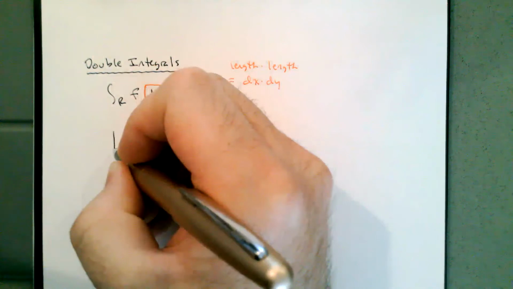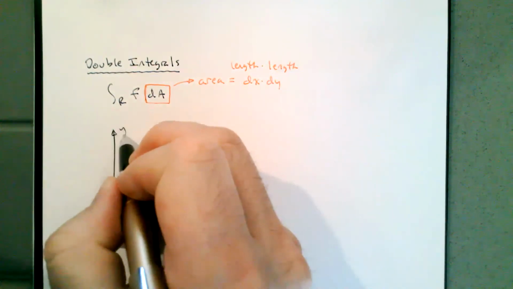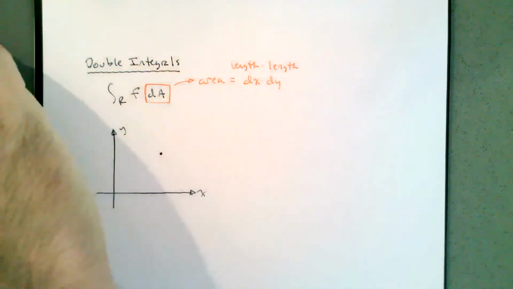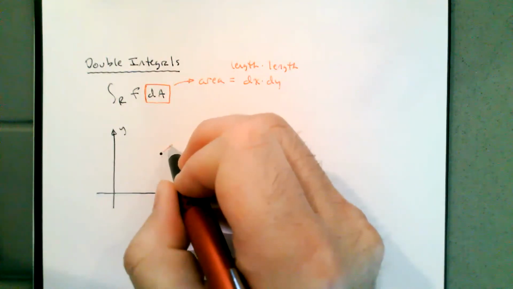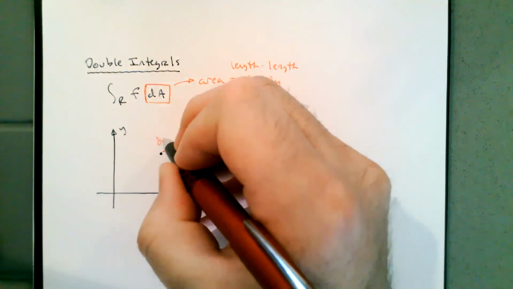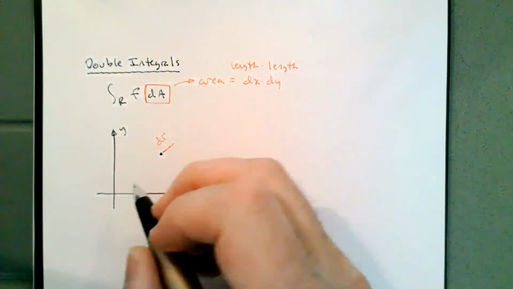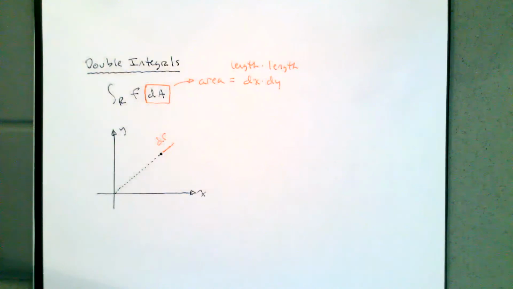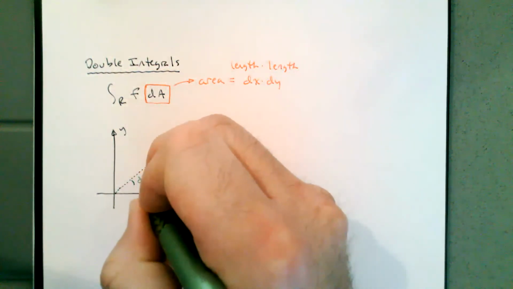So if we look at some point and think in polar coordinates, we can take a little piece of dr, a little change in the radius, and then the other piece will be a little change in the angle, d theta, dr and d theta, just like we had dx and dy.